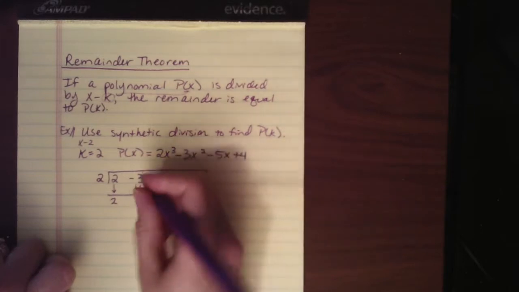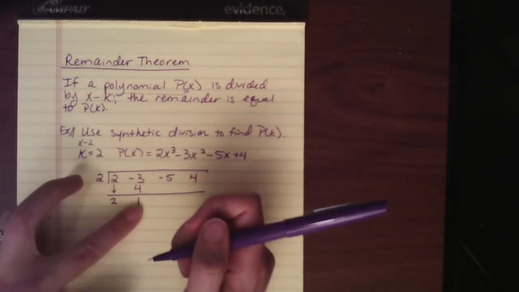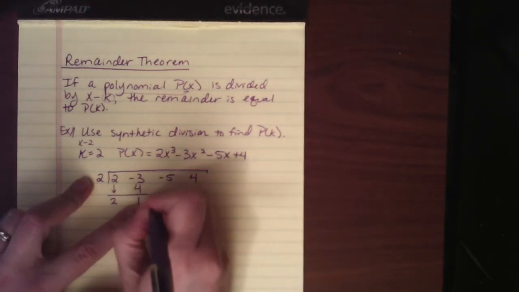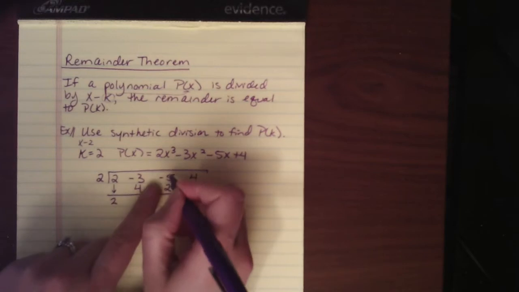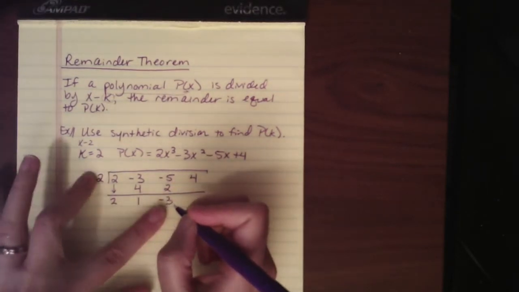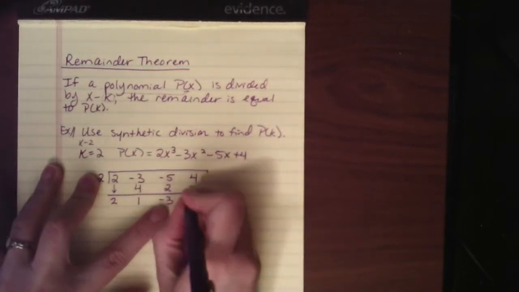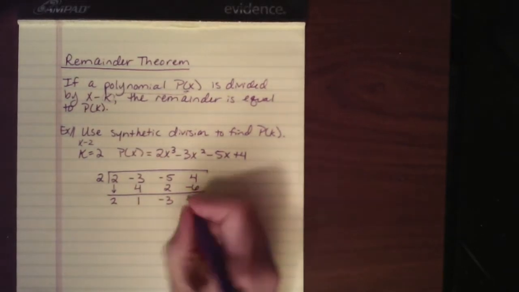Negative 3 and a 4 gives us positive 1. Number ends up below the bar, multiply by 2, put the answer diagonally up. Combine those, negative 5, positive 2 is negative 3. Multiply by the c to get negative 6, put it up. Combine there, negative 2.